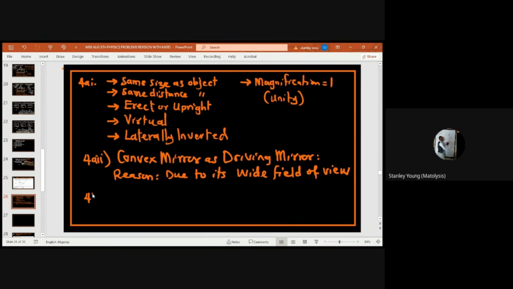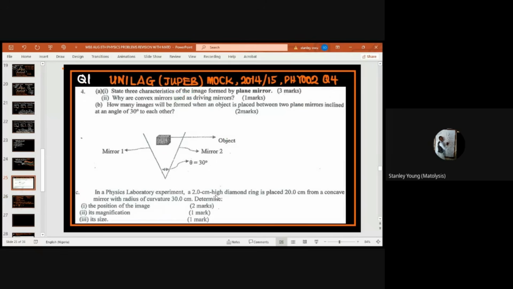And the formula for solving that is NI, the number of images, equals 360 degrees over theta minus 1. Theta means the angle of inclination. It gave us the angle of inclination of the two mirrors to be 30 degrees.